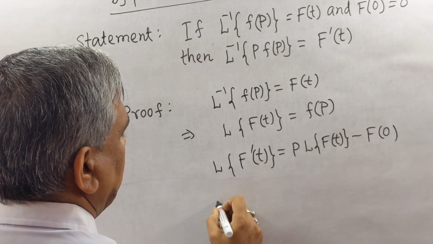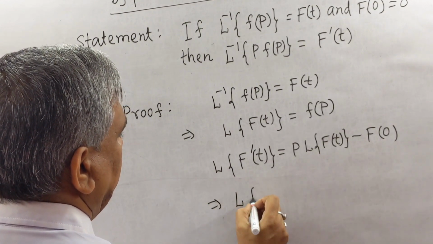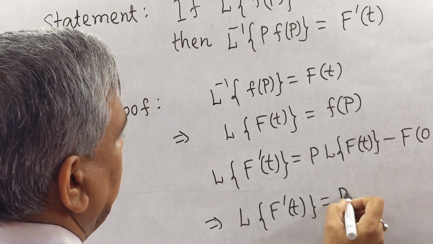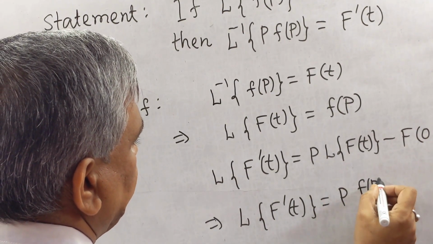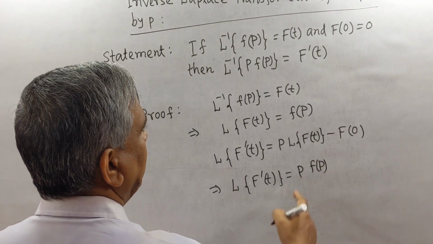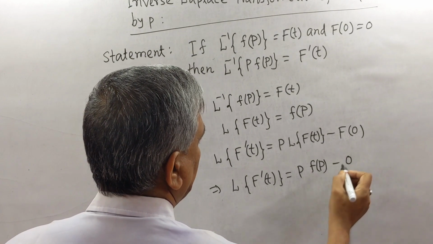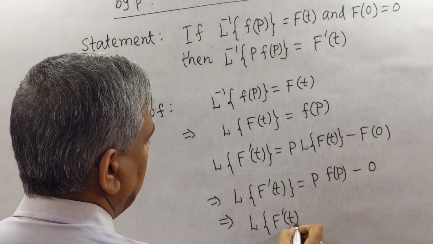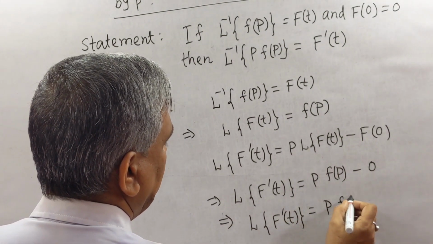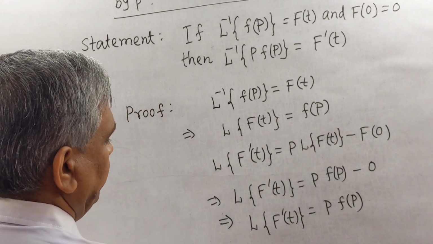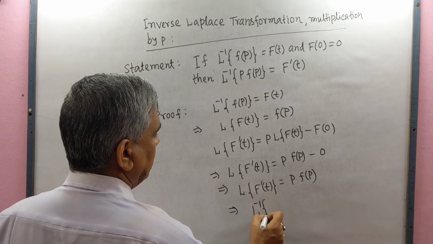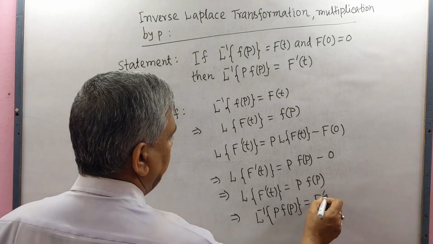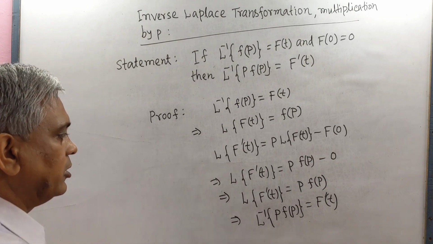This implies L{F dash t} equals p times small f(p), since the Laplace transformation of capital F(t) is small f(p), and F(0) equals 0 is given. So L{F dash t} equals p f(p), which implies L inverse p f(p) equals F dash t. This is the required result.